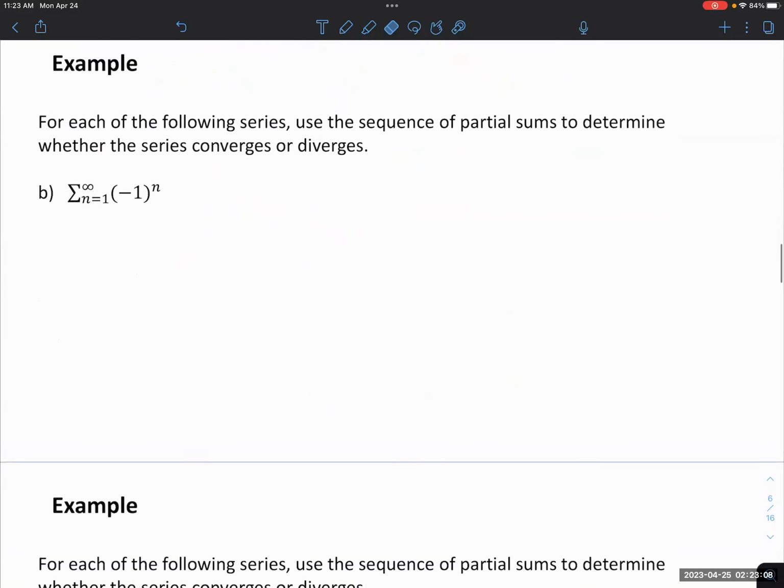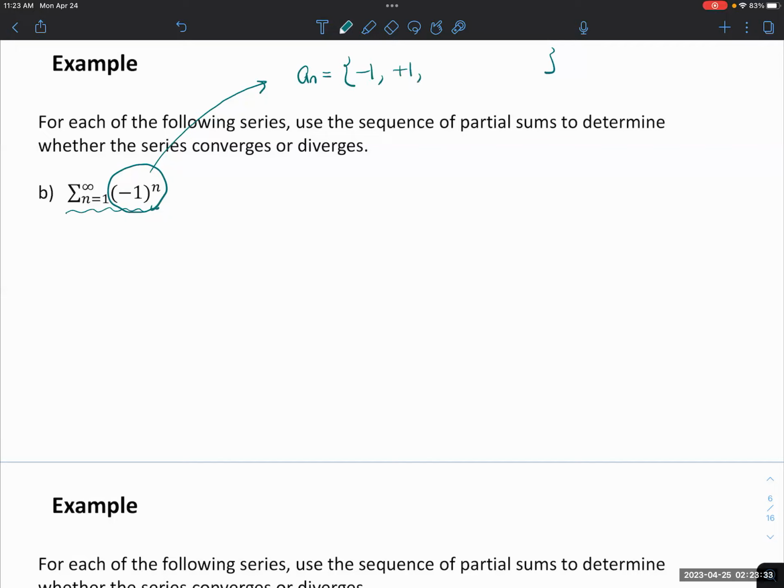Okay, same question. I want to know whether this series is convergent or divergent. This is An according to the definition. If I write the list of the An, if n is 1, it's -1. If n is 2, +1.